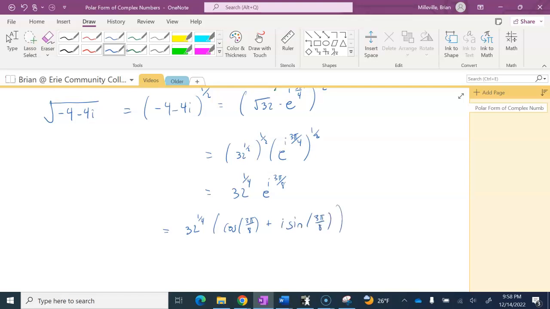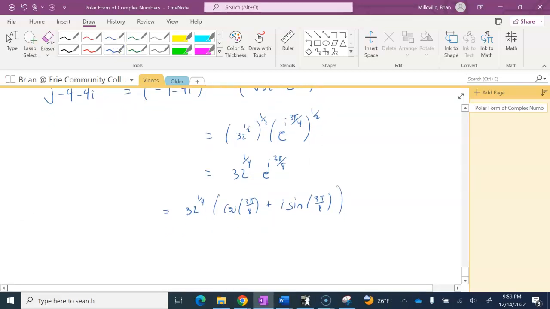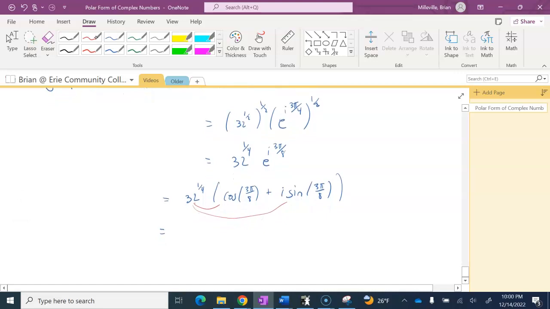Then it's just a matter of doing these computations with the calculator. I'm going to do 2 calculations at once for simplicity, multiplying the 32 to the 1/4 by the cosine and sine of 3 pi over 8 respectively, just for brevity for the video.